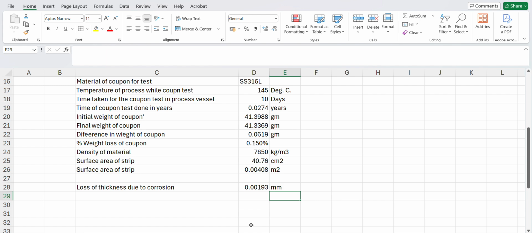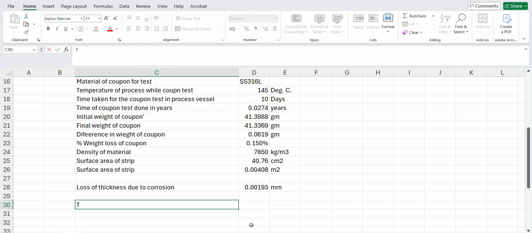Then we have to calculate the loss of thickness per year.